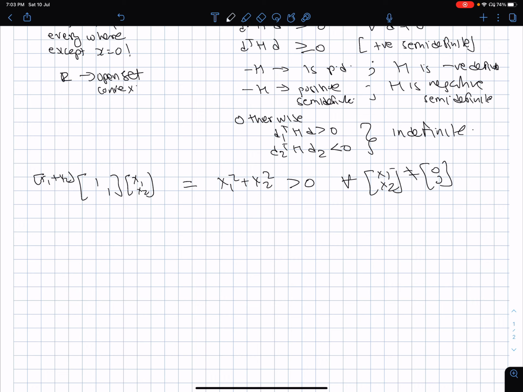But for other cases, how do you check? Suppose I have a diagonal matrix with values lambda 1, lambda 2 to lambda n, and I want to check whether it is positive definite or not.